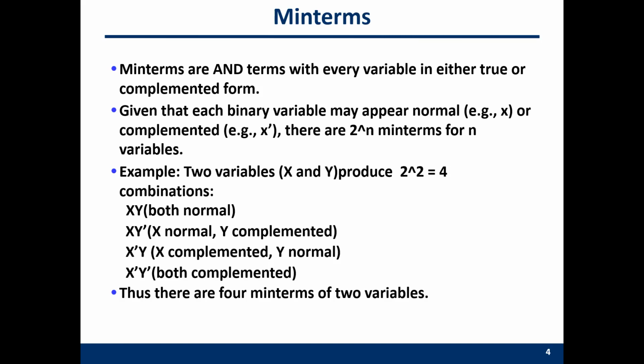Given that each binary variable may appear normal, like x, or complemented, x bar, there are 2 to the n minterms for n variables. For example, if we only have two variables, x and y, then we can generate 2 to the 2, which is 4 combinations, which are x y, x y bar, x bar y, and x bar y bar.